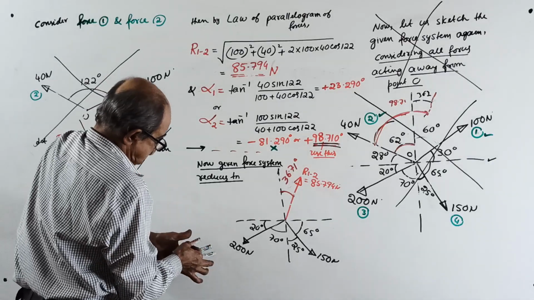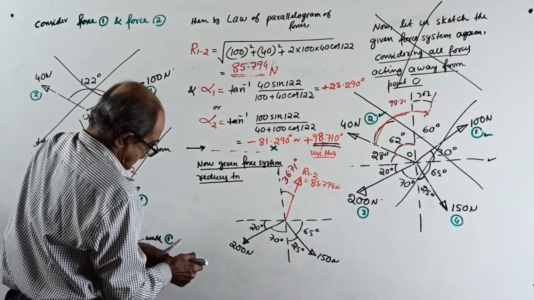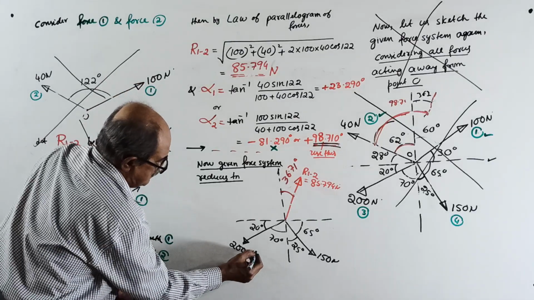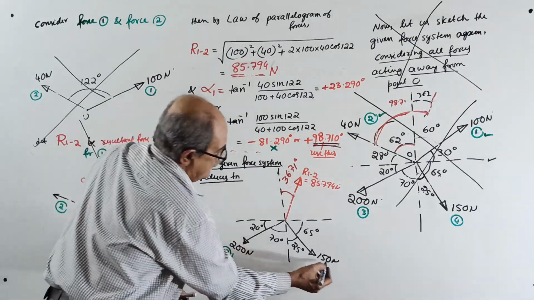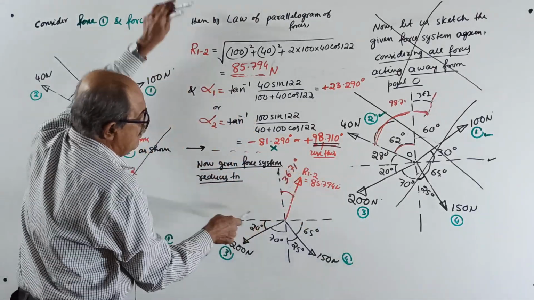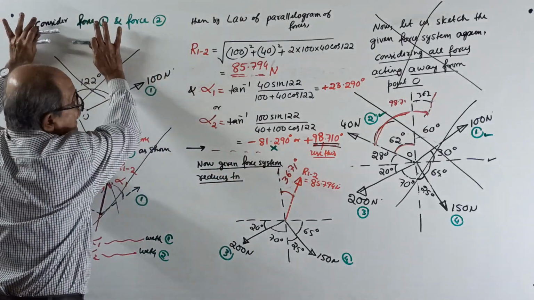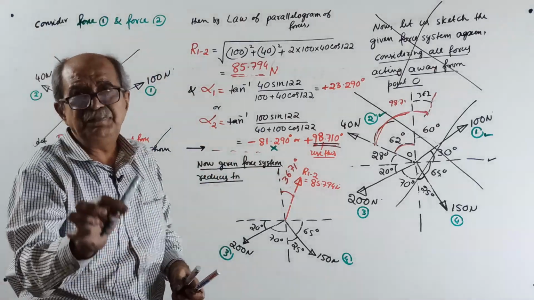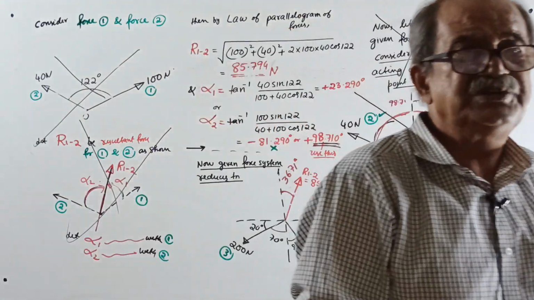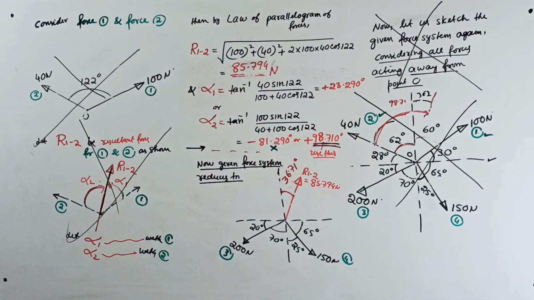What is this force's number? Forgot the numbering. This force is your force number 3, and this is force number 4. Now I will club this R12 with force 3 somewhere here and write the answer. I will explain, just to save time. Writing it all out in front of you would take more time.